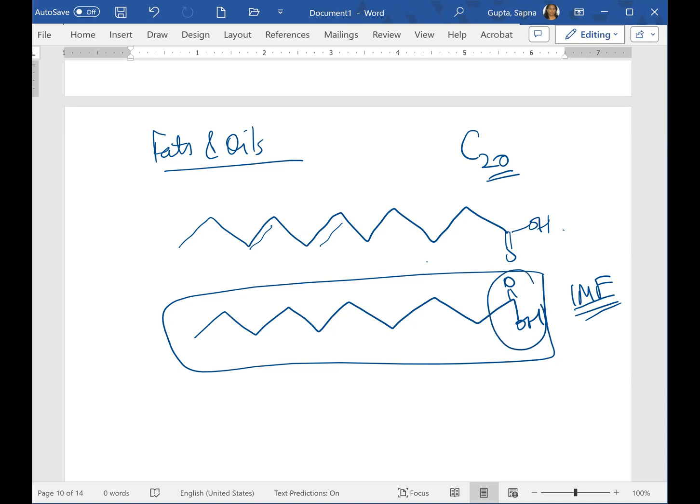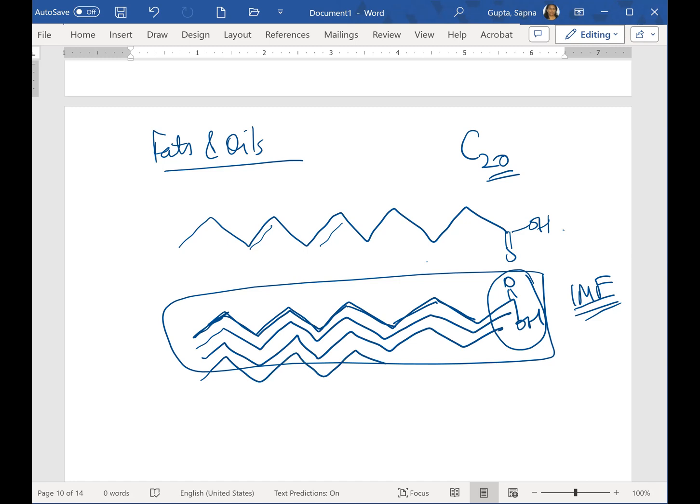You do have the polar part over here, of course, but with these single bonds, you have absolutely nothing, which means it's all non-polar, which means it's all van der Waals forces. Given the structure of this fatty acid, the next fatty acid will look like this once it stacks up, and here's the next one. It's kind of like shingles on a roof, right? They just stack up together like this.